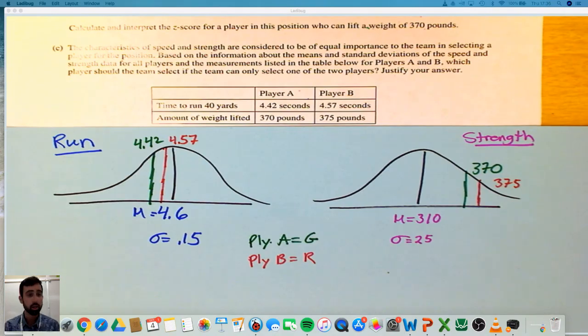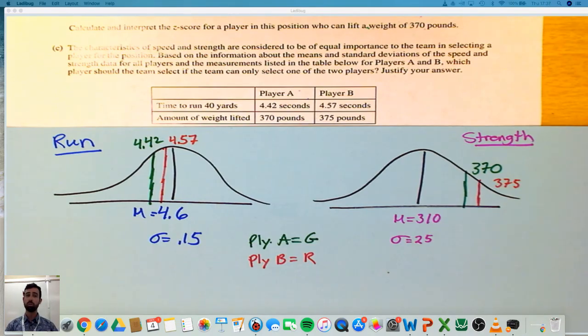Now, that's all great, but we want to use z-score so we can standardize all this to see how much faster player A is than everyone else. In this case, how much faster is player A than player B? Then we want to look at their strength. How much stronger is player A than player B, or how much stronger is player B than player A?